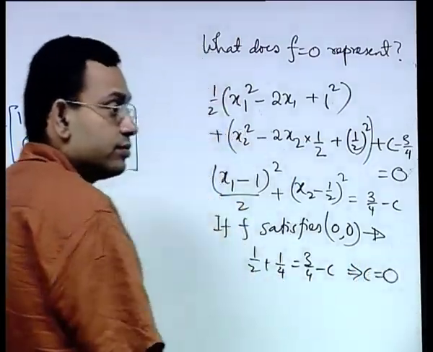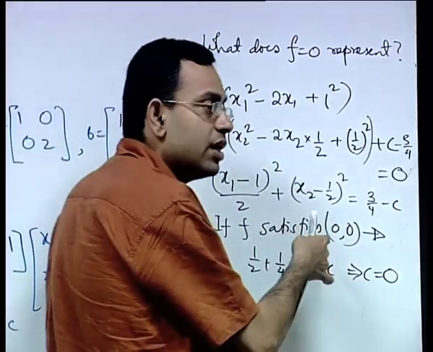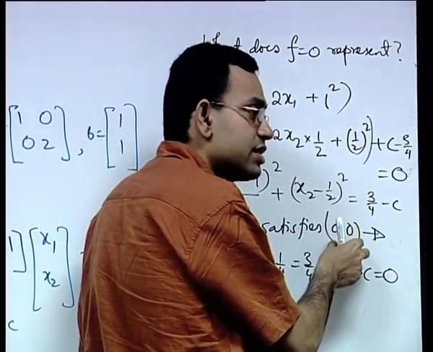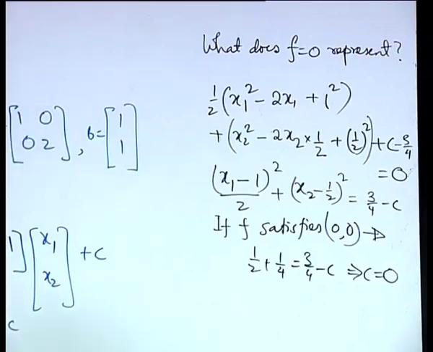C is 0. Remember, choice of C is arbitrary. So, you can allow your function to satisfy a particular set of points and then find out the value of C accordingly.